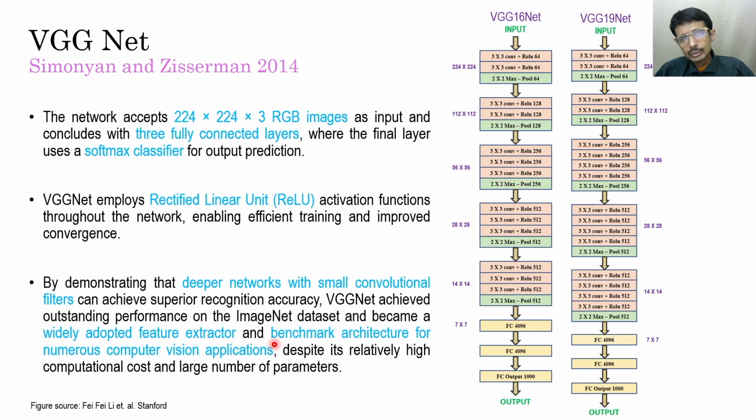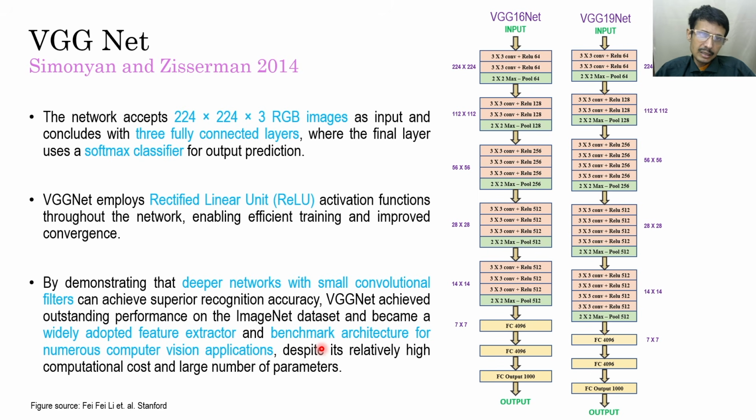Another important thing we have observed in the literature is that so many variants and so much work depend on this architecture, and it became a benchmark architecture for numerous computer vision applications. So VGGNet is very popular in that sense, mainly for downstream vision tasks.